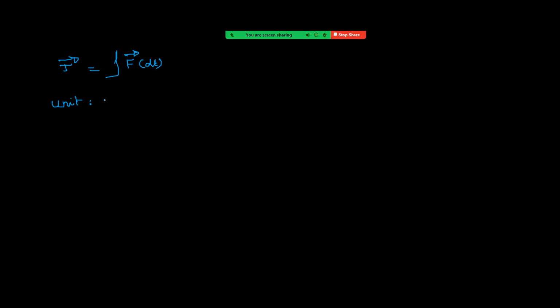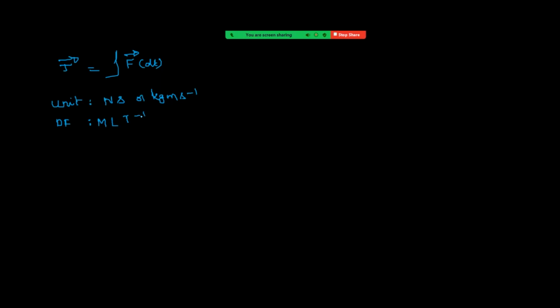Units are force, that is Newton, time second, Newton second, or we can say kg meter per second, and we can say dimension formula: kg, meter that is L, second power minus 1, so T power minus 1.